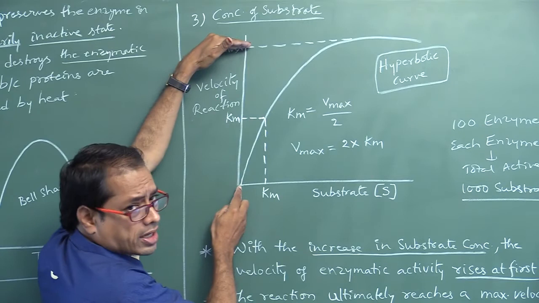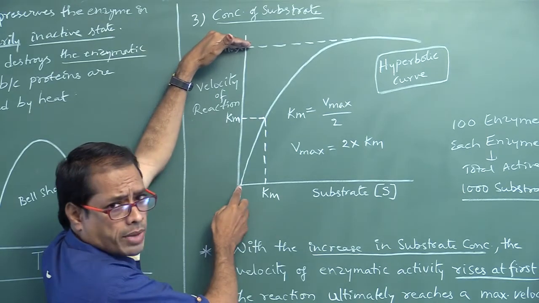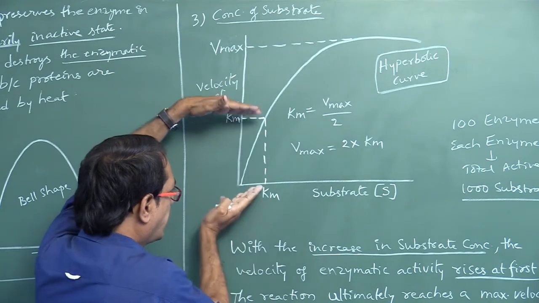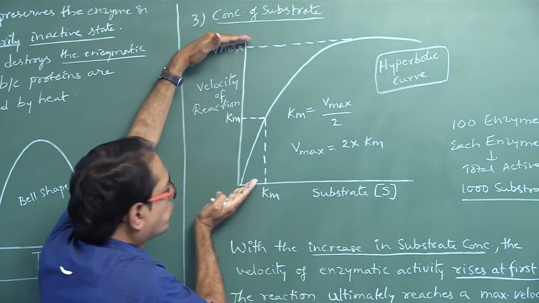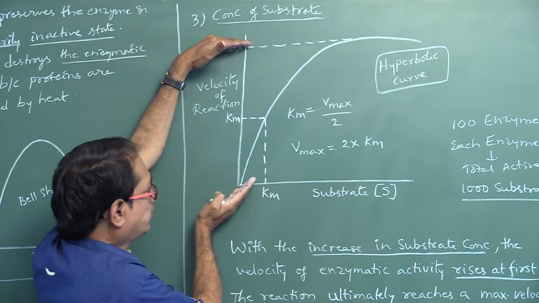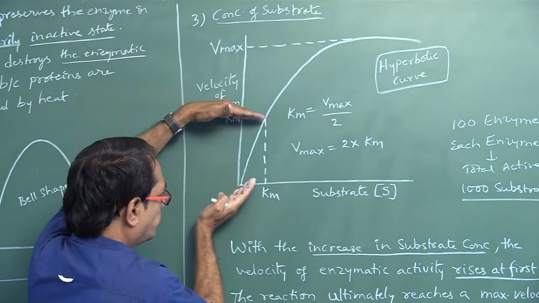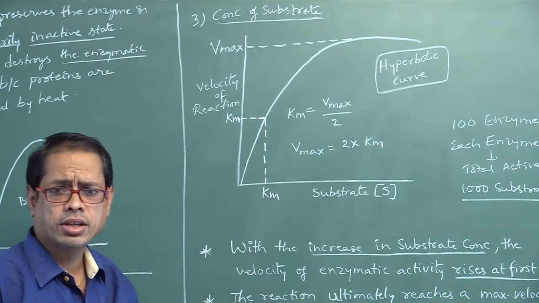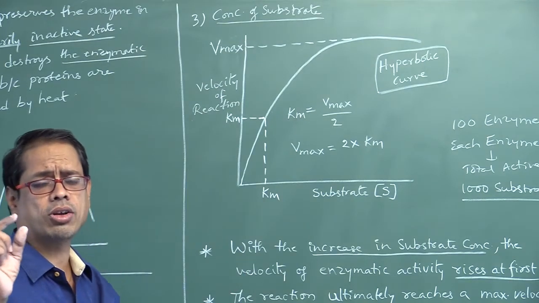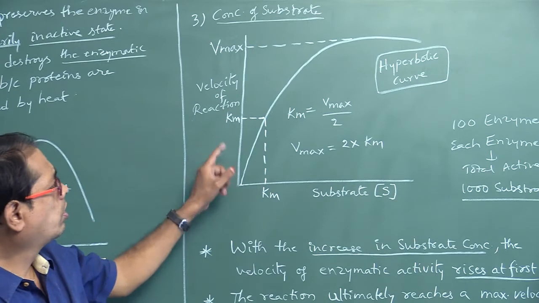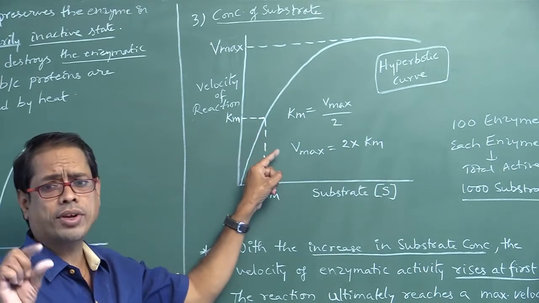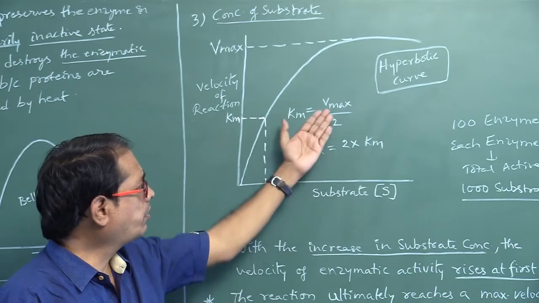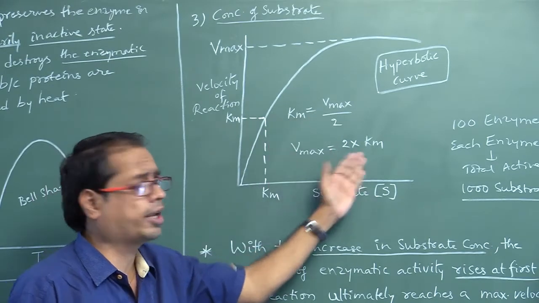This is the maximum velocity, and half of it is this much. This is the so-called Km value. Km value means Michaelis-Menten constant. So Km is half into Vmax, that is Vmax by 2. Therefore Vmax is equal to 2 into Km.